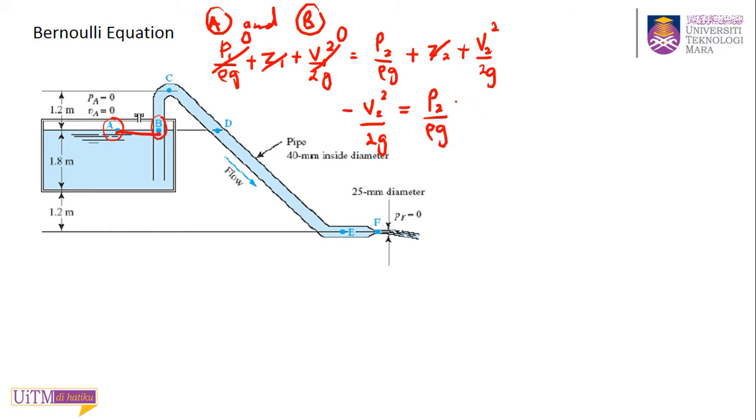Okay, so to find the pressure at point B, P2 equal to minus V2 squared, G can be cancelled, times rho over 2. Okay, so what's the value for V at point B?